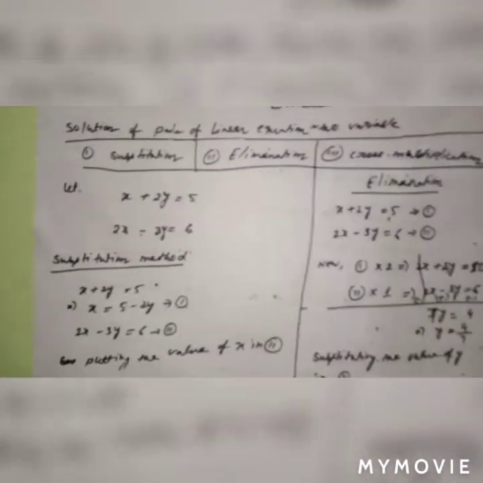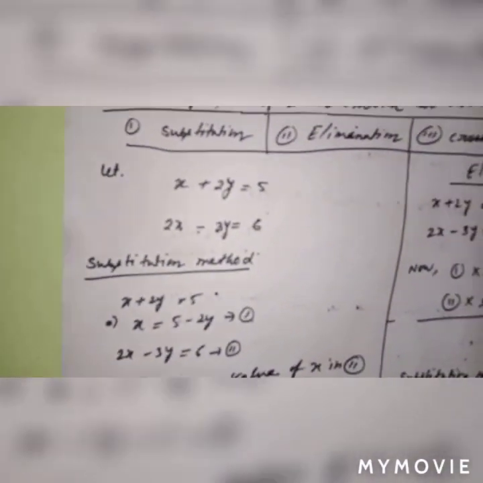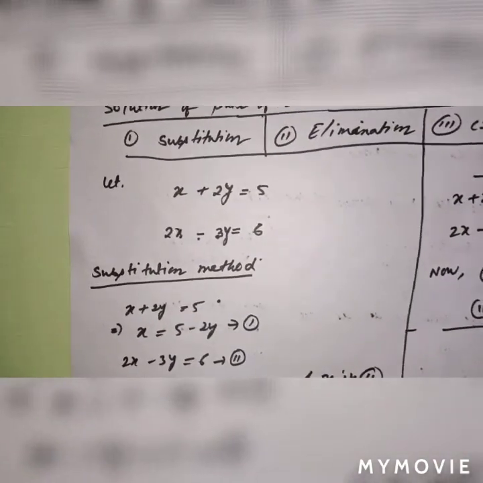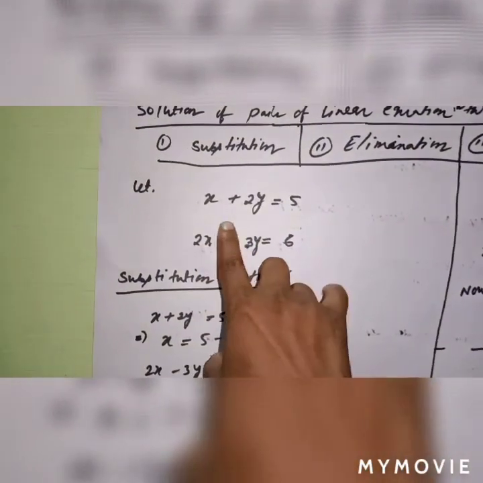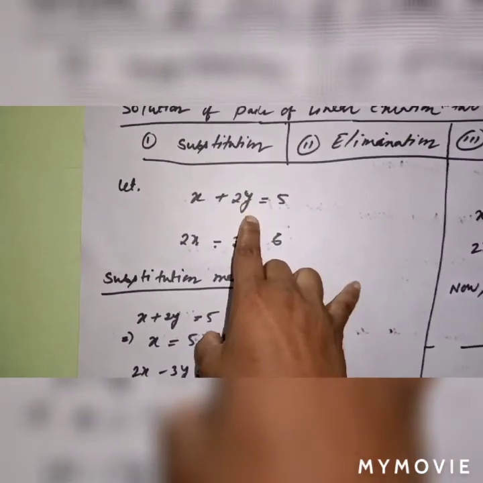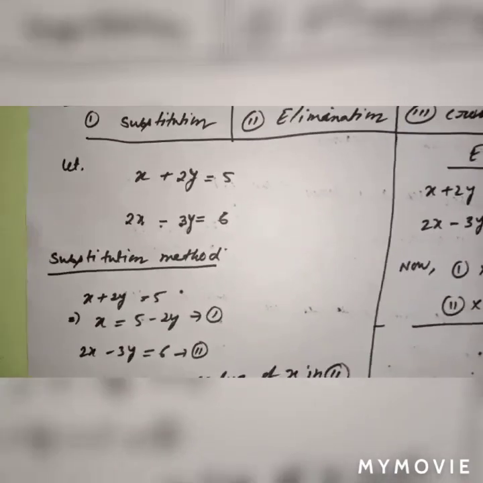So here, the substitution method. You can see here I am using the substitution method. For the substitution method, you have to look at both equations and see which one you can easily express in terms of x or y.